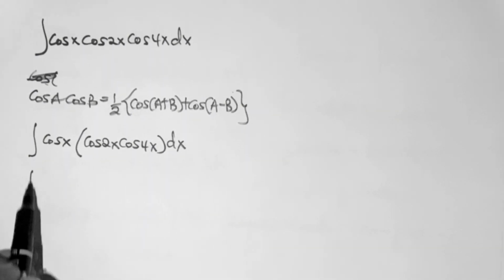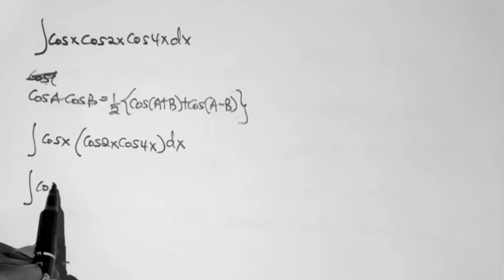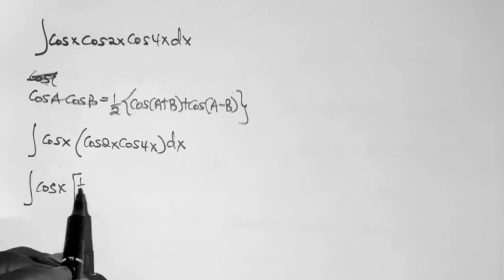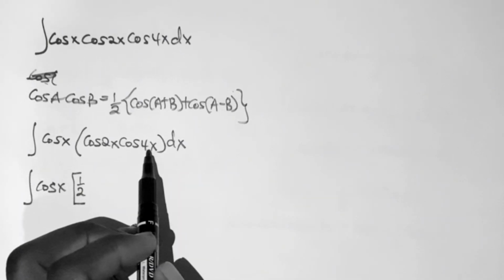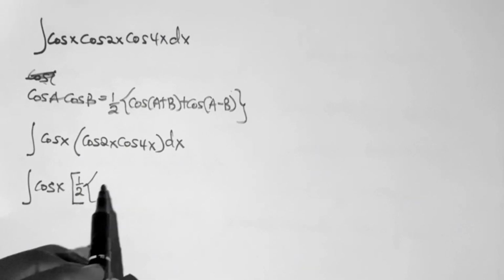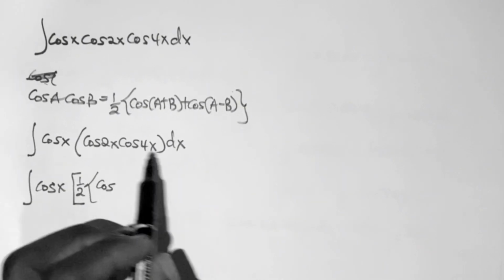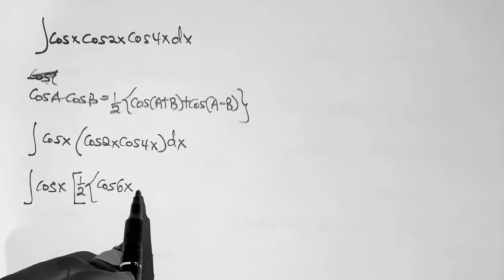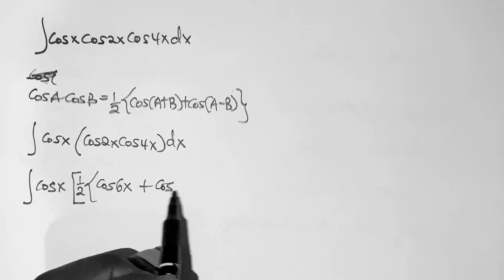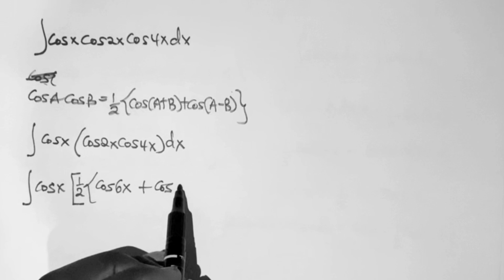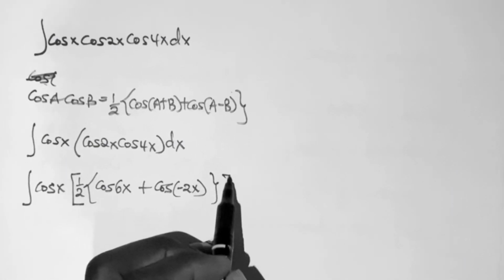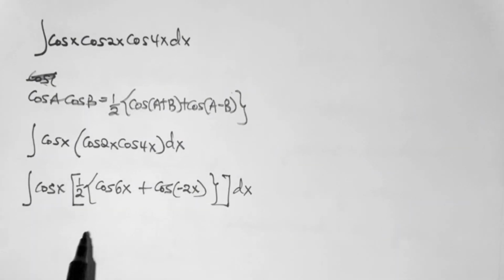So now this becomes the integral of cos x into bracket half of, in this case a is 2x and b is 4x, so half of another bracket cos 6x, plus cos a minus b, which is cos of minus 2x, bracket close, dx.